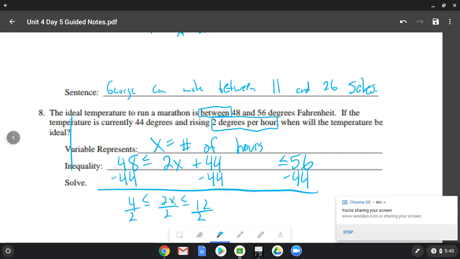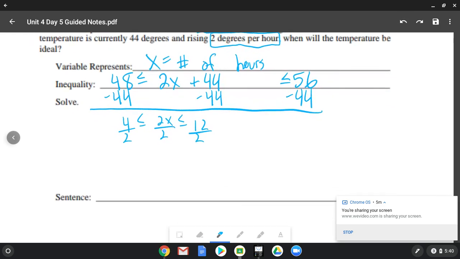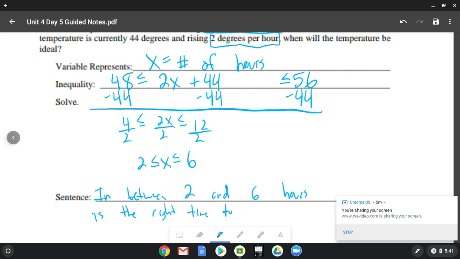And in the end, we have the number of hours. So between 2 and 6 hours is going to be the ideal time to run this marathon. So you'd say in between 2 and 6 hours is the right time to run.